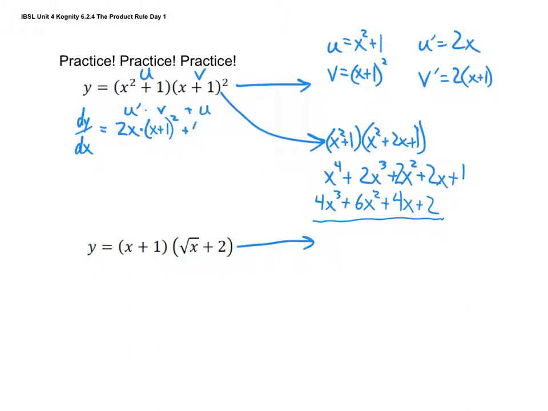Well, u is the x squared plus 1 times v prime. Well, v prime, we already said, was 2 times x plus 1. Now, before you start foiling stuff out, what do you notice here?